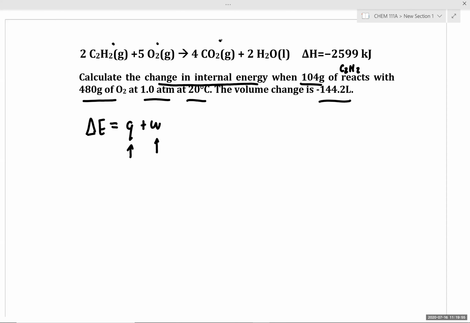Let's try to get a few more responses in the chat, and then we'll discuss this problem in full momentarily. And the response I see in the chat for the change in internal energy looks good.